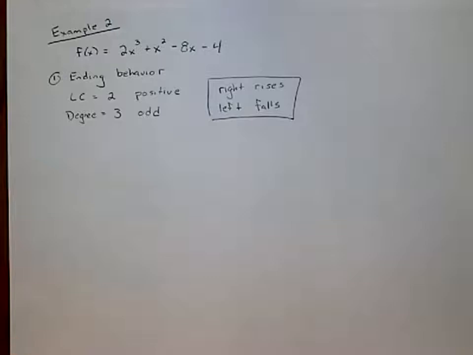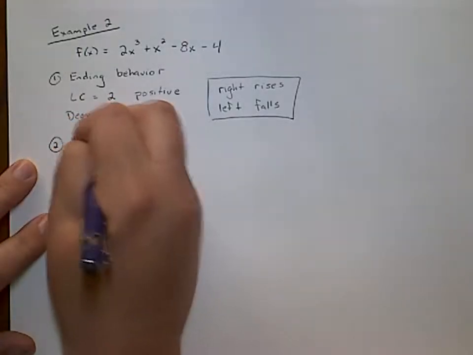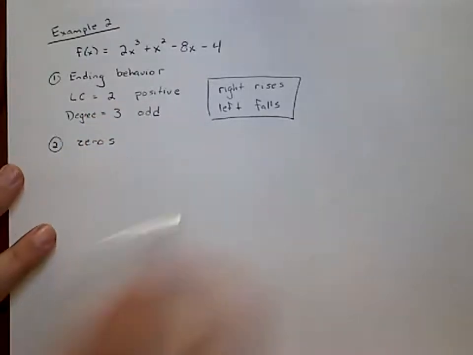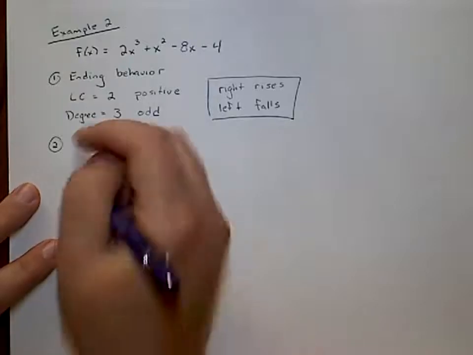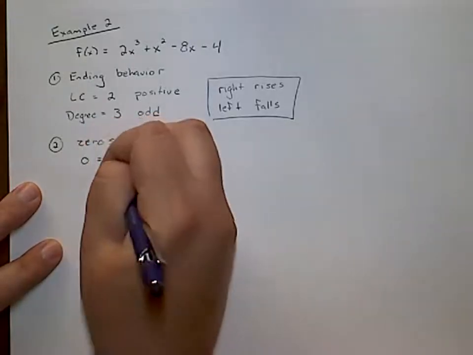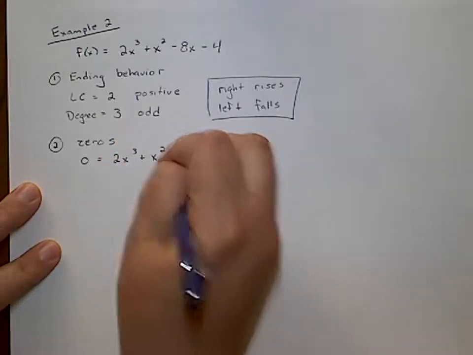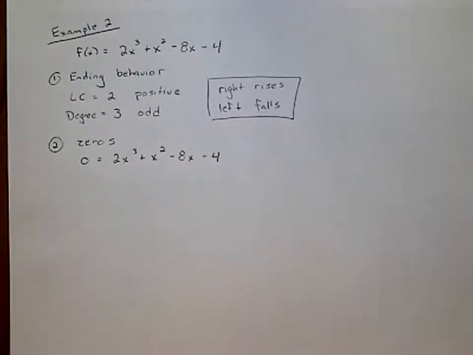Then we are going on to finding the zeros, or the x-intercepts, the solutions, the roots, whatever you want to call it. We're going to find the zeros next, using the zero product property. So 0 equals 2x to the third plus x squared minus 8x minus 4.